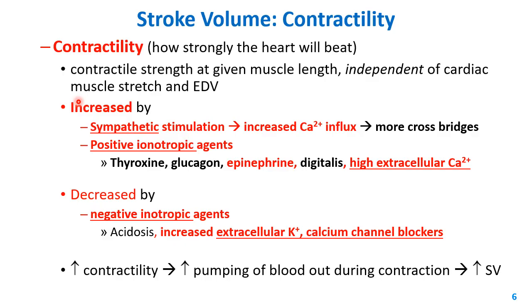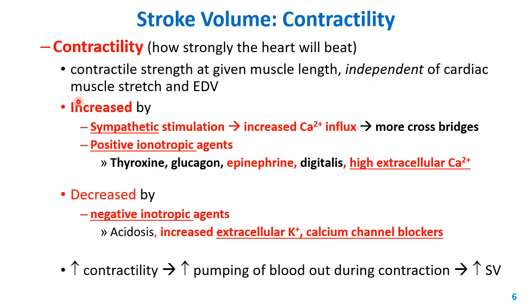And you remember how the contractile fibers of the heart work, right? You remember the action potential, right? You have depolarization, then you have the plateau, and then you have repolarization, right? So sympathetic stimulation is going to help to contract the heart, okay?